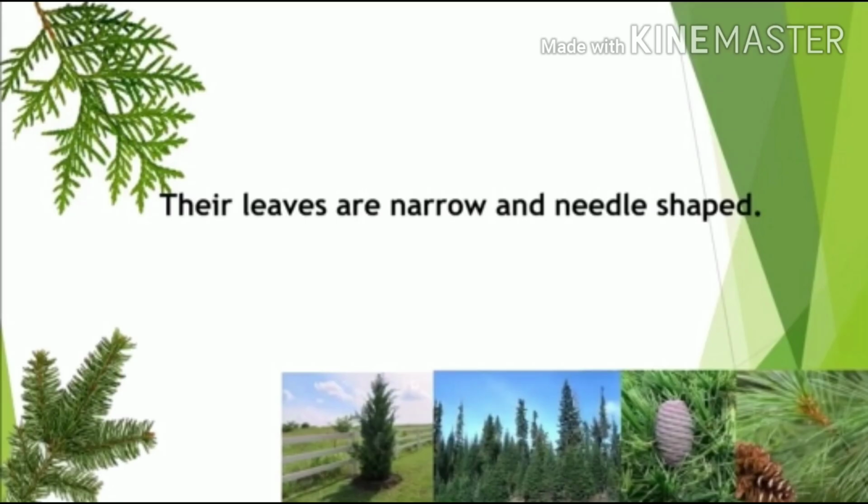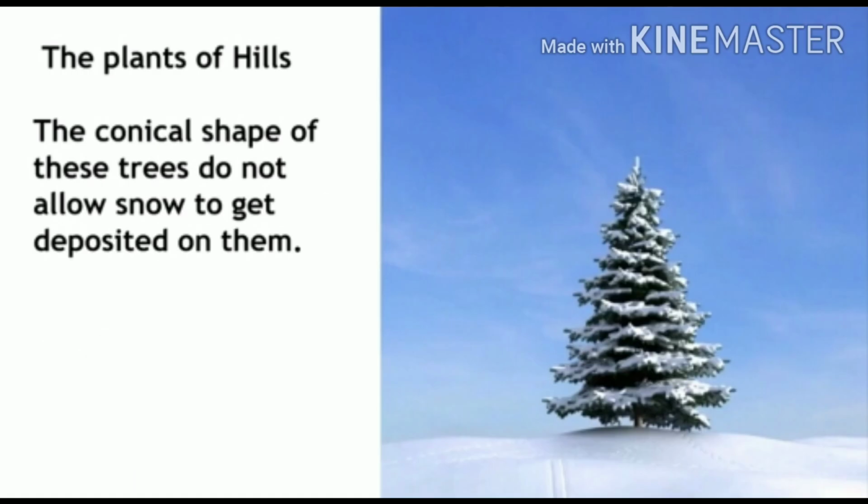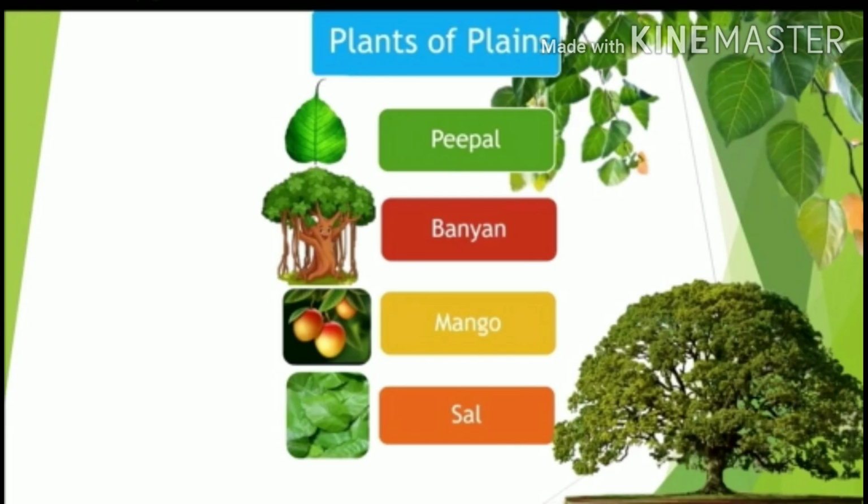Their leaves are narrow and needle shaped. Do you know why their leaves are narrow and needle shaped? Their leaves are narrow and needle shaped because the conical shape of these trees does not allow snow to get deposited on them.